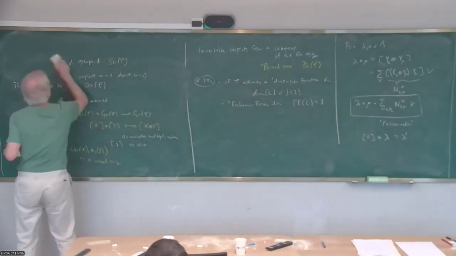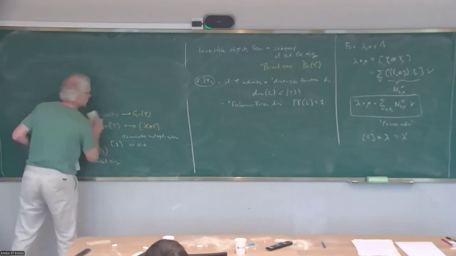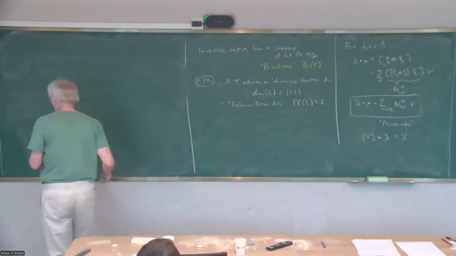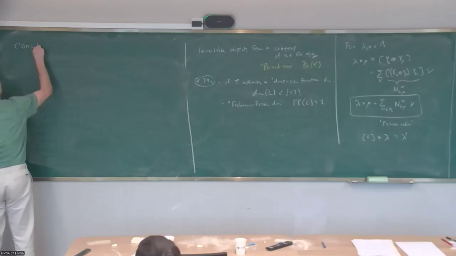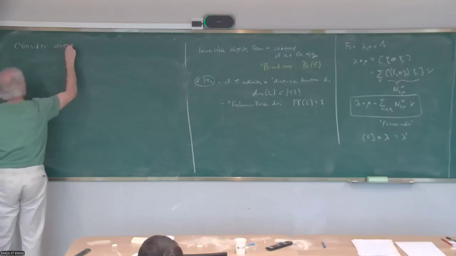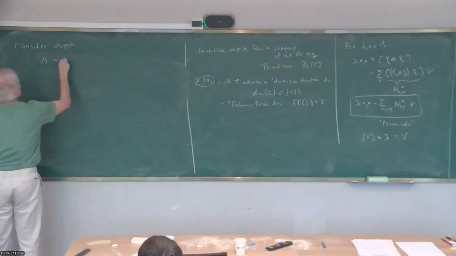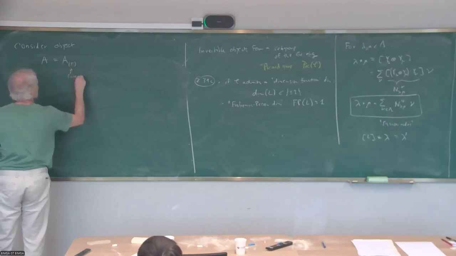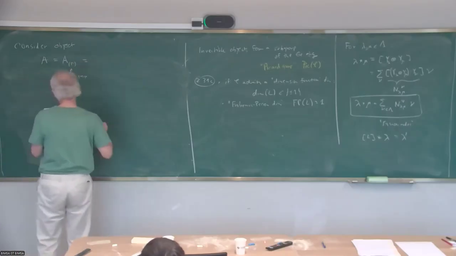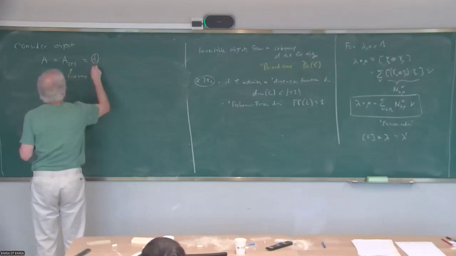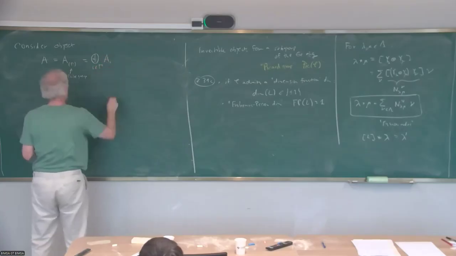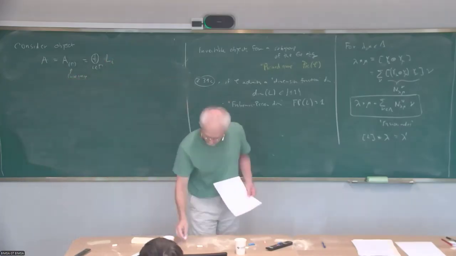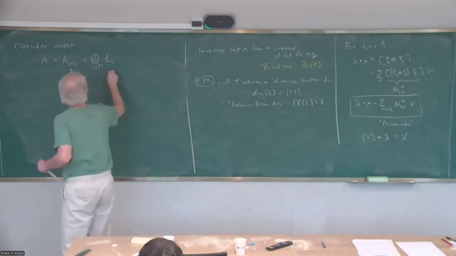So we consider an object A in a monoidal category C, which depends on some Gamma, where Gamma is a finite group, which as an object is just the direct sum over all elements of Gamma of L_i, where by L_i I mean an invertible object. So all of these are invertible.